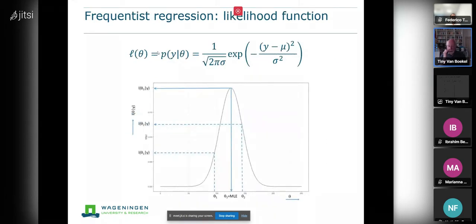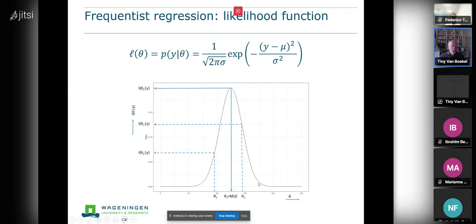Then the frequentist regression, the one that you all probably apply. The frequentist regression is completely focused on the likelihood function. So I have written here the normal distribution. So we now assume that our likelihood function is represented by the normal distribution. And what we can do then is we can just vary the parameters. So theta are the parameters, which in this case are mu and sigma.